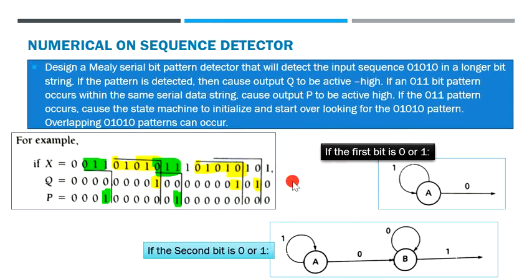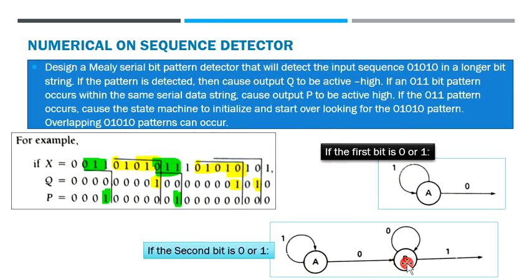So we will look for the first bit. If the first bit is equal to 0, then you have to make a transition to the next state. If not, you need to make a transition to the same state. Then we will check for the second bit. So this would be the same repetition.